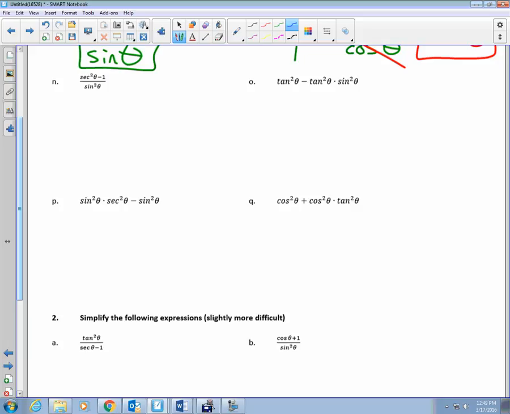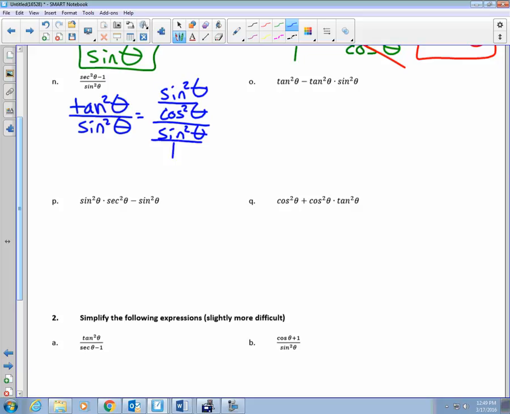And secant squared minus 1 over sine squared. What do you put in for secant squared? Now it looks like a problem for the front side. What do you do? Multiply by the reciprocal. Whoop.